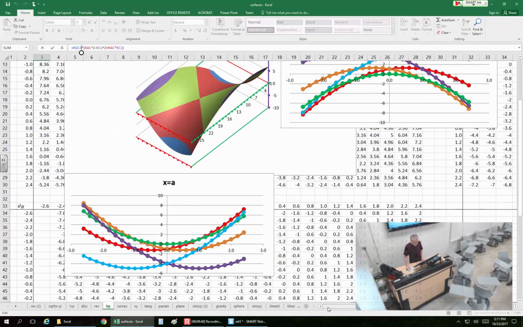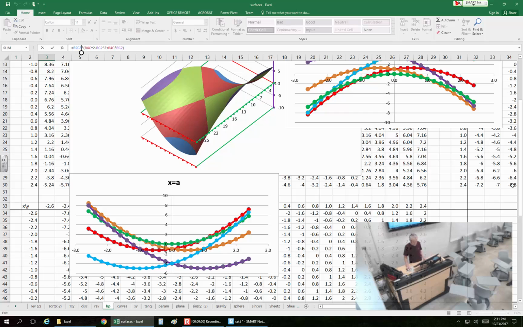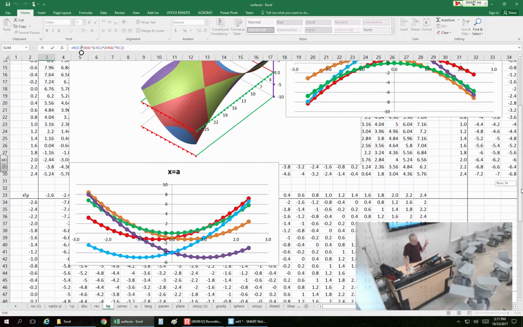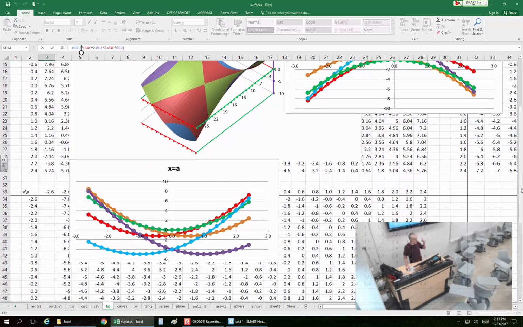Now I'm doing the same for the y-axis. If I go down, x is fixed, and y is now the variable. So these are the curves as I cut my surface like that.